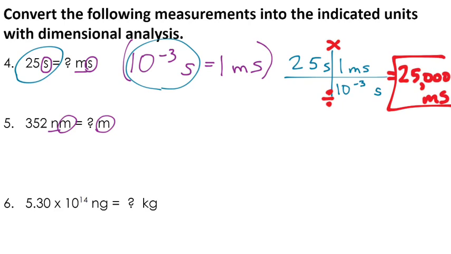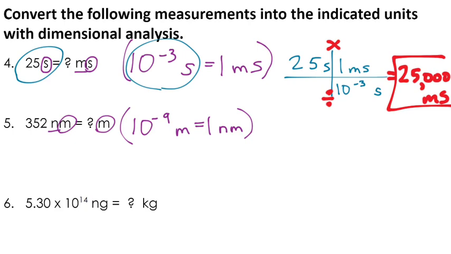Little n is nano. So that's 10 to the negative 9 of our base unit equals 1 of our nano base. So 10 to the negative 9th meters equals 1 nanometer.